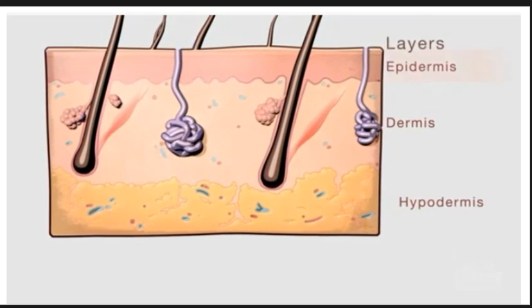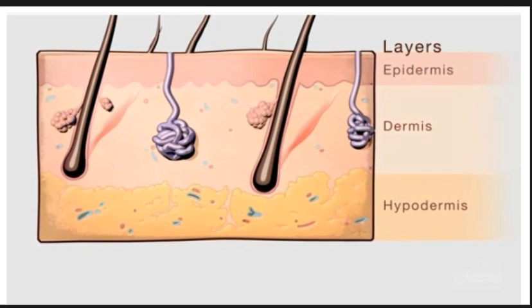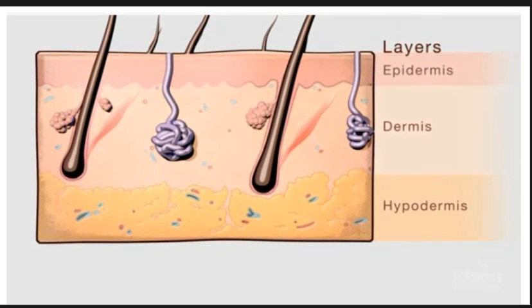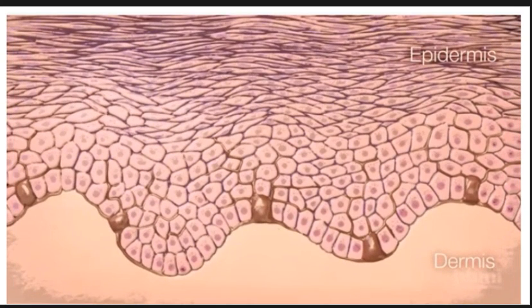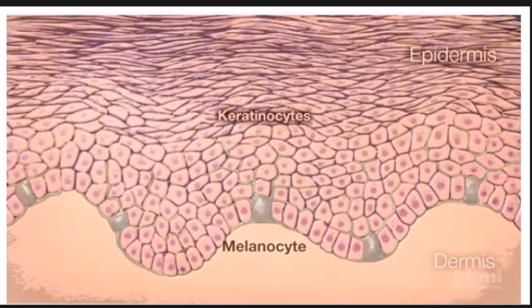Skin's three main layers are each a distinct community of cells with different jobs. To see what gives skin its color, we need to focus on the outermost layer, the epidermis, and two important cell types, keratinocytes and melanocytes.